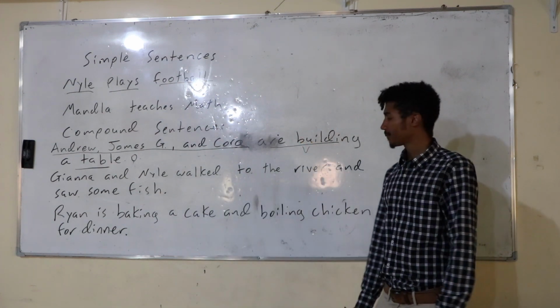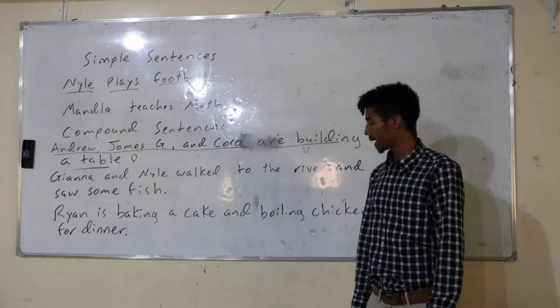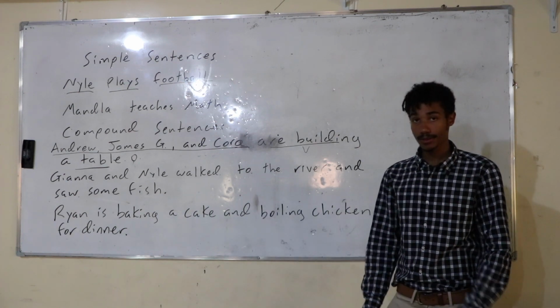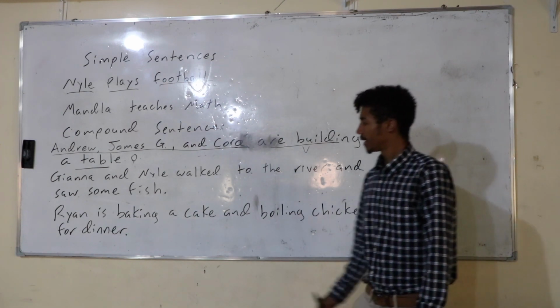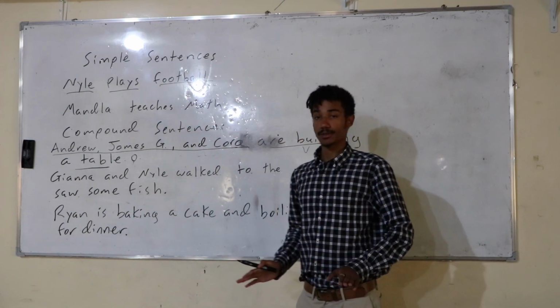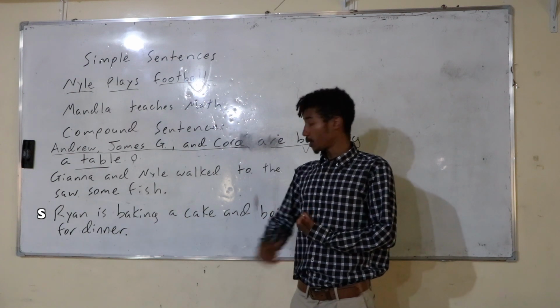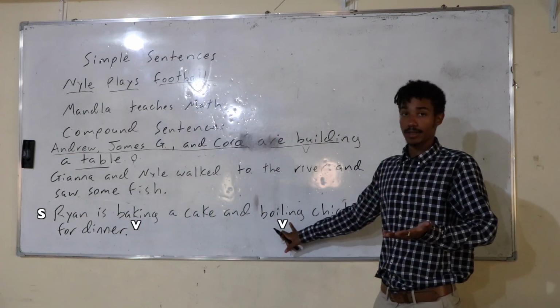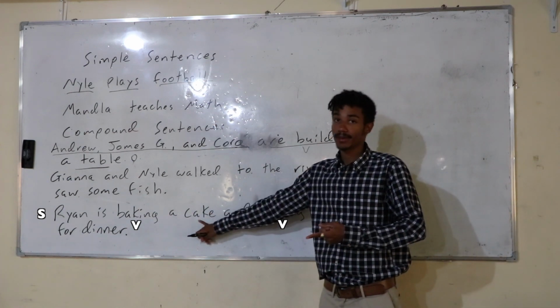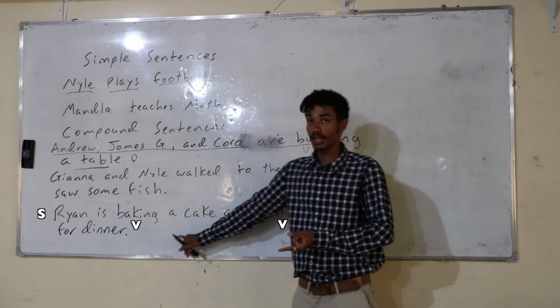And finally, Ryan is baking a cake and boiling chicken for dinner. In this example, Ryan is the only subject, but he is both baking and boiling. What is he baking? A cake. What is he boiling? Chicken for dinner.